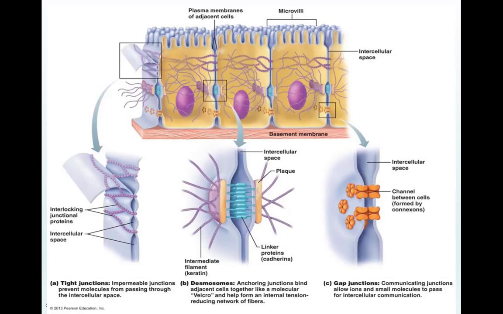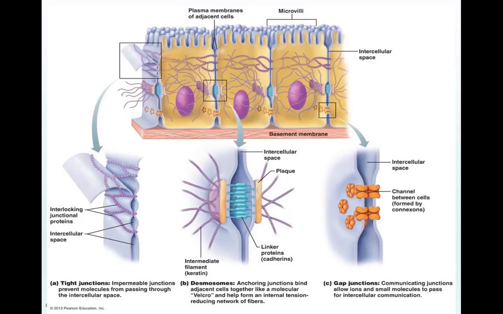Now, that being said, there's always again an exception to the rule, and that is something we'll discuss in more detail for the urinary system. But an example of a tight junction would be your stomach cells that are lining the stomach cavity. These cells must protect the underlying tissue of the stomach from the acidic environment of the cavity produced by hydrochloric acid, and therefore all of the cells are connected via tight junctions.